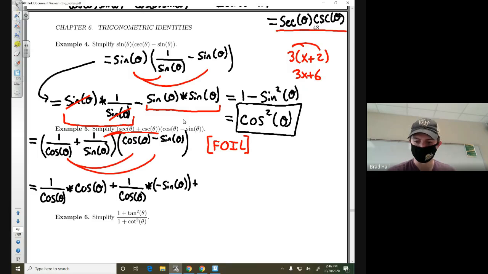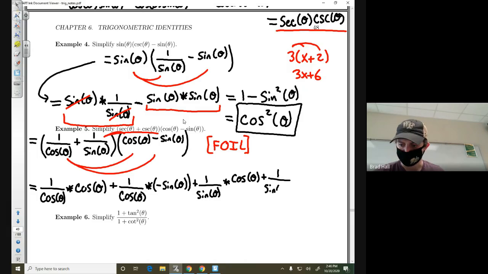Plus the inner terms, 1 over sine of theta times cosine of theta. And then finally, plus 1 over sine of theta times negative sine of theta.